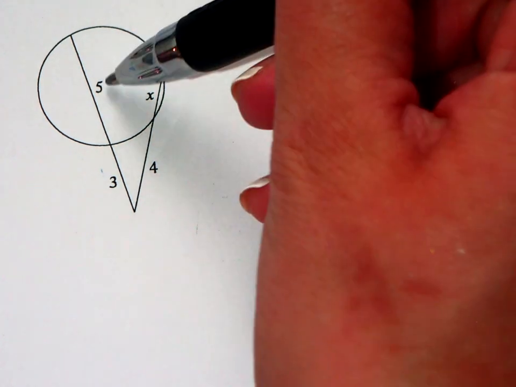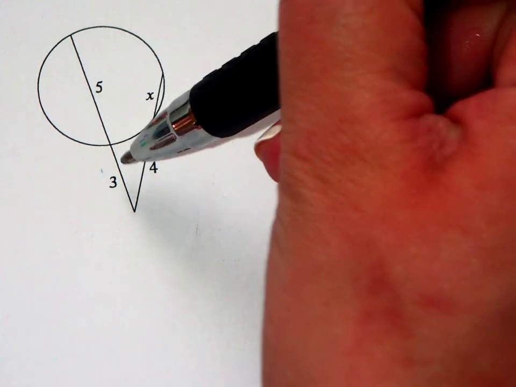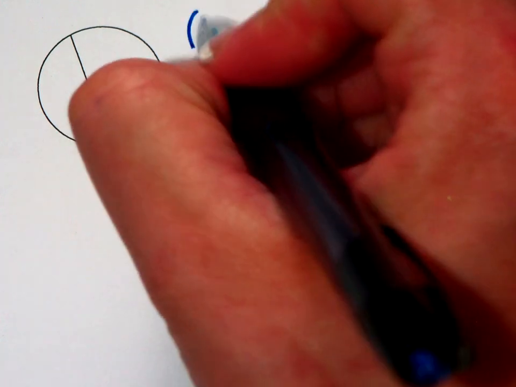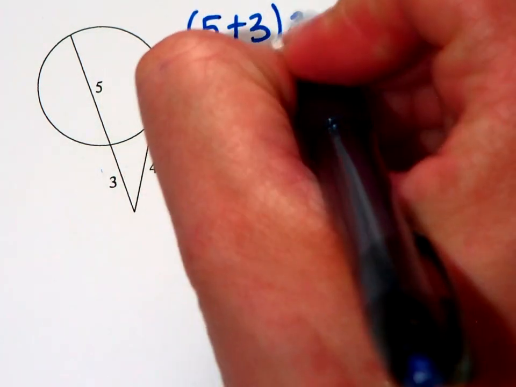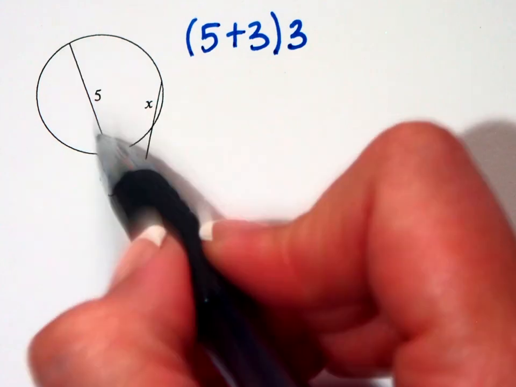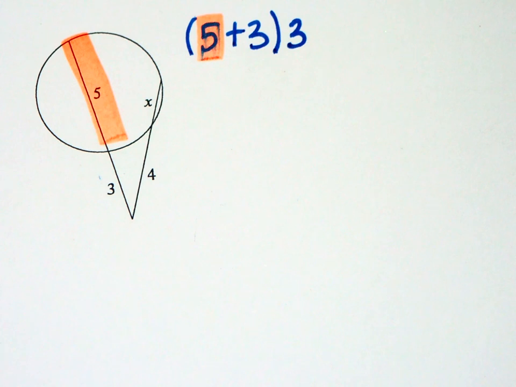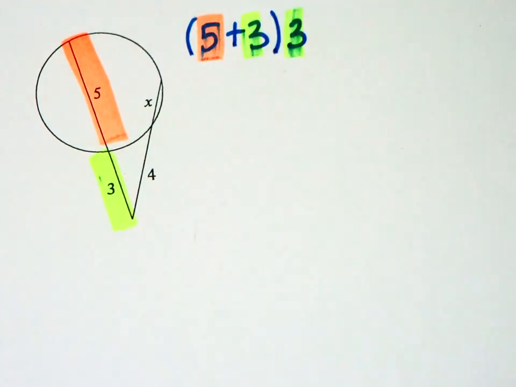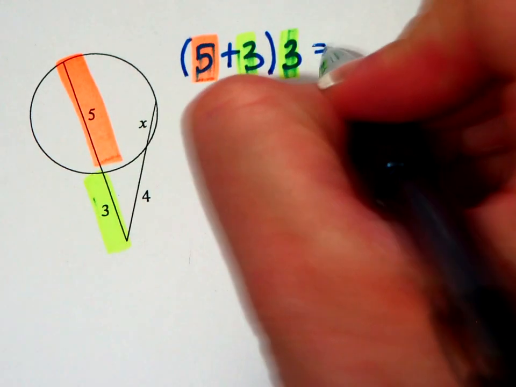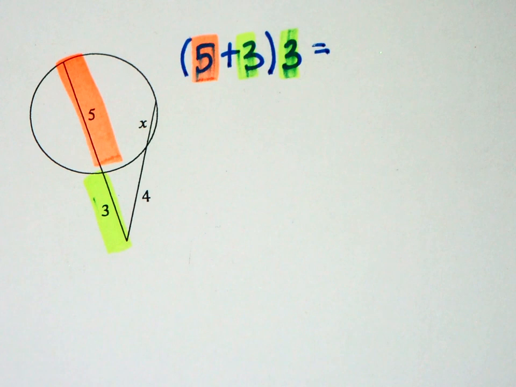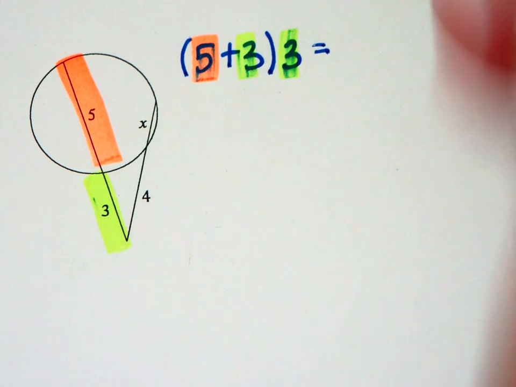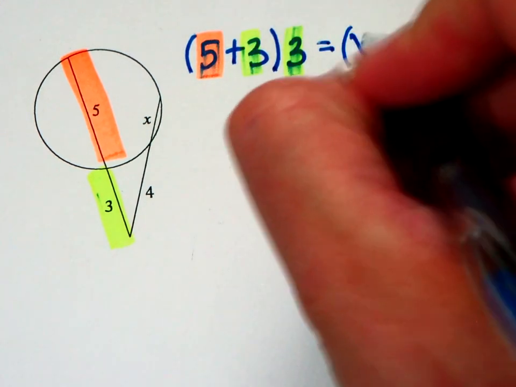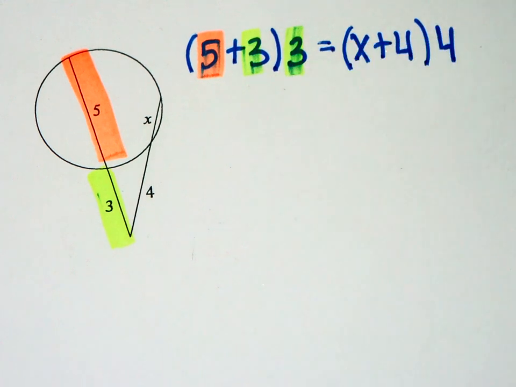First thing we're going to do, it's inside plus outside times outside. So 5 plus 3 times 3. Inside plus outside times the outside equals, and that pattern actually stays the same throughout. x plus 4 times 4.